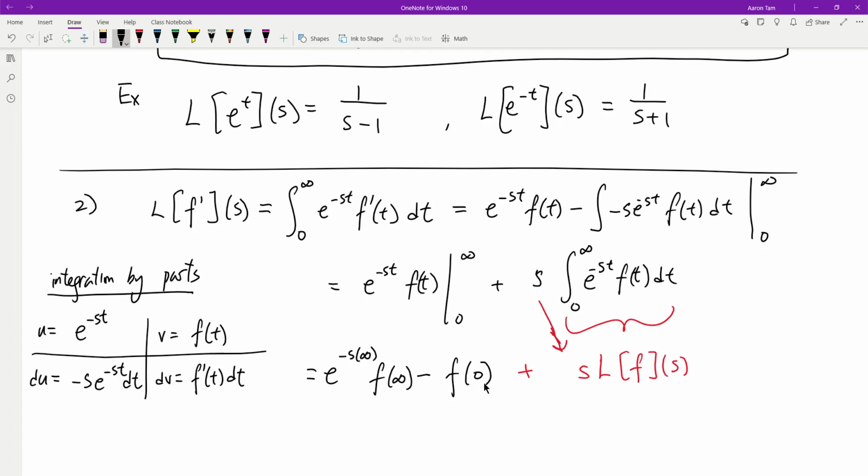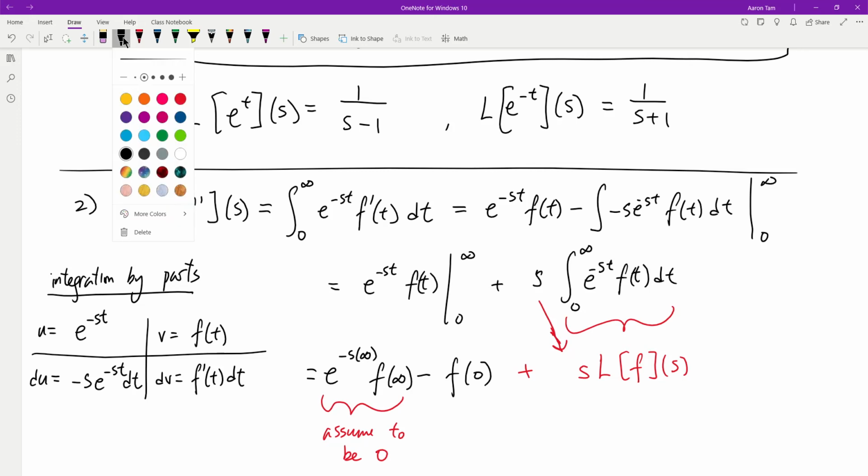But it seems to me that I can reasonably assume that e to the negative s times infinity would become 0. The function f might go off to infinity, but we can assume that it doesn't go off to infinity faster than the exponential function. And if that's the case, then we can assume this to be 0, because we have an exponential function that approaches 0 extremely fast.